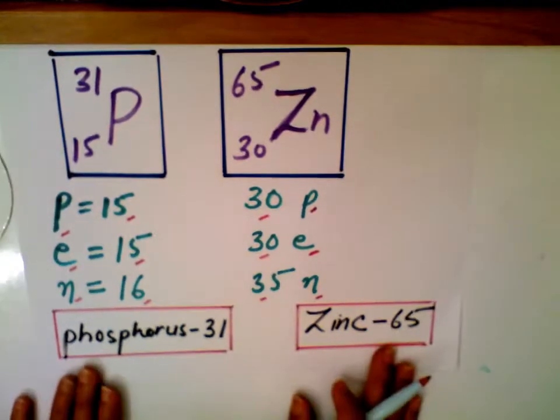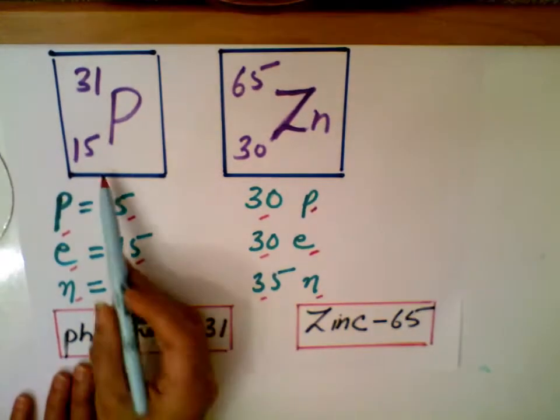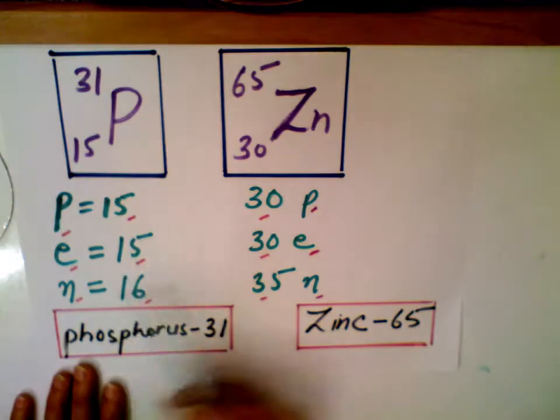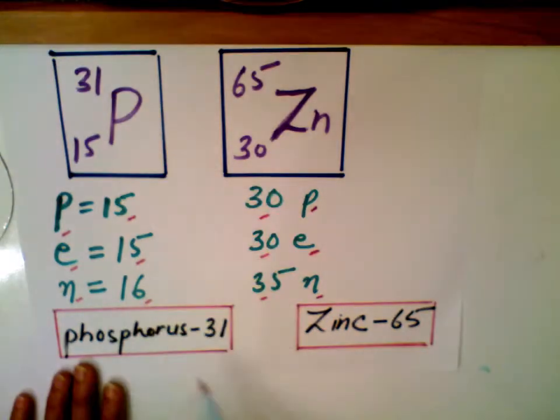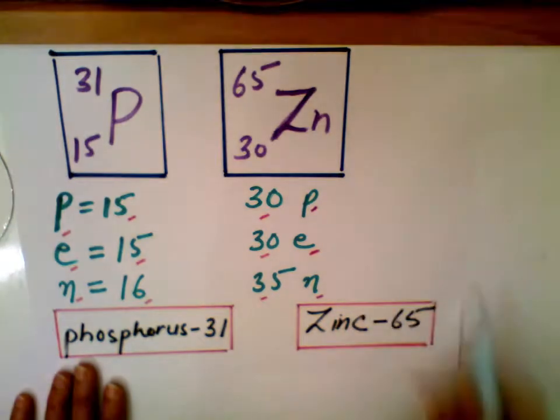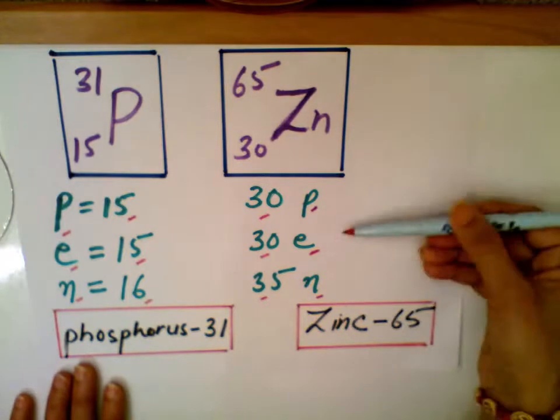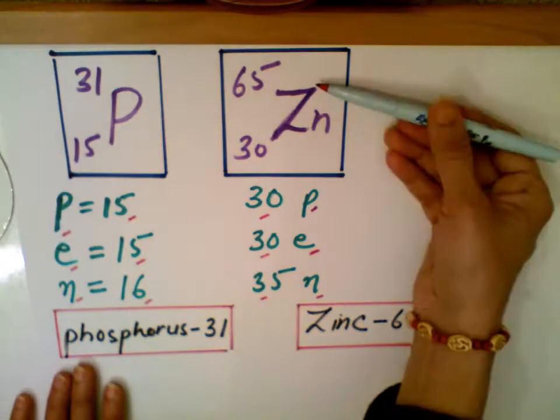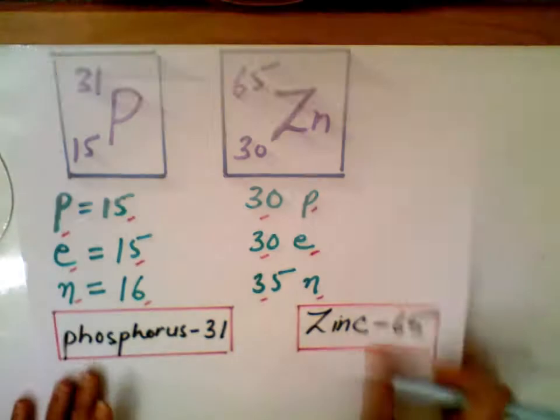So if this is what you got, you have it. 15 is the number of protons, which is the atomic number, electrons same, and neutrons you subtracted both of them. This is another way to represent an isotope, phosphorus-31. Here is the mass number, and for this one it is zinc-65. Protons, electrons same, and for neutrons you subtracted top and bottom.